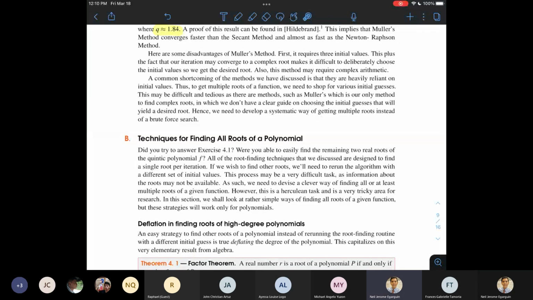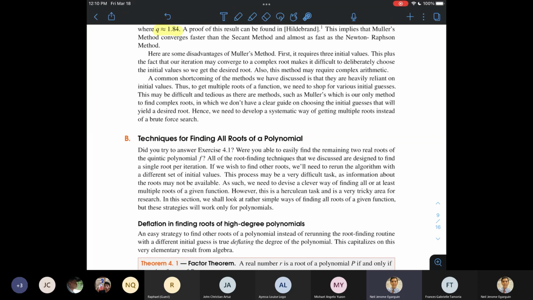So that's Mueller's method. So though Mueller's method can give us complex roots, meron itong ilang problema. Una, tatlo yung kailangan nating initial values. Okay? Tapos, para mag-converge yung Mueller's method sa isang specific root nating hinahanap, especially if you want to tailor fit it to get complex roots.